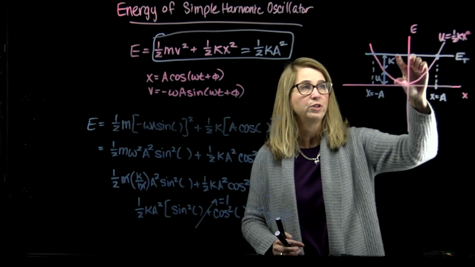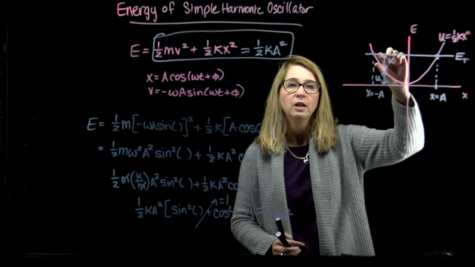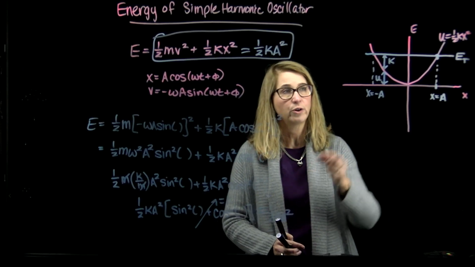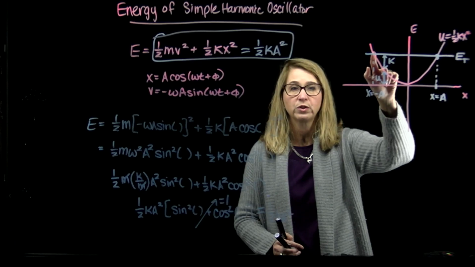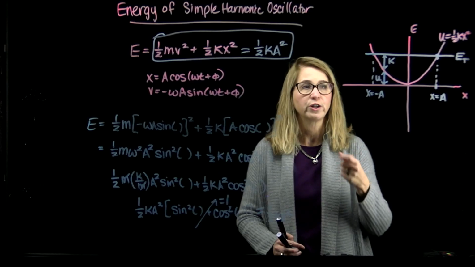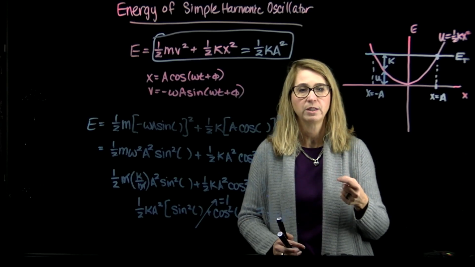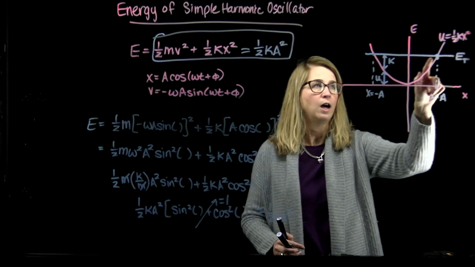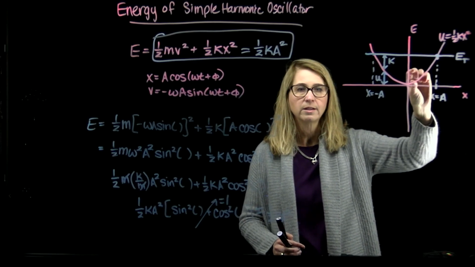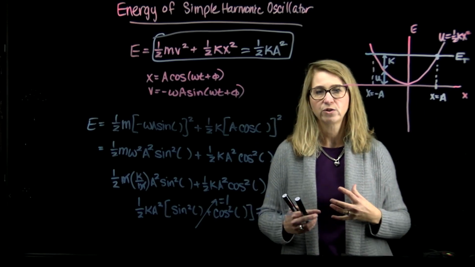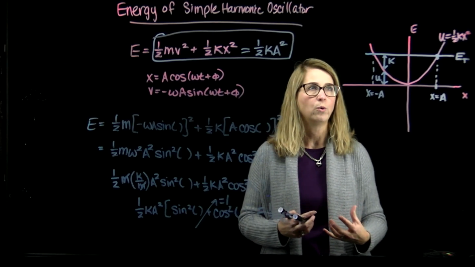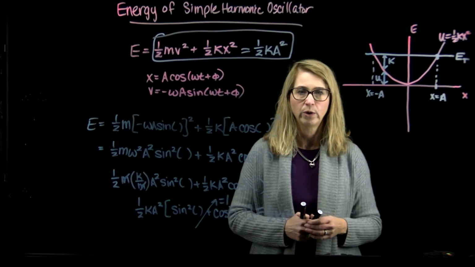And then as it proceeds to start to compress, we see the transition of that kinetic energy going back into potential energy. And then when it reaches its maximum compression, it has all of its energy back in potential. So literally our object is moving between these 2 points, but as it does, the energy is being transferred between potential and kinetic the whole time. And those always are going to be adding up to the total energy.